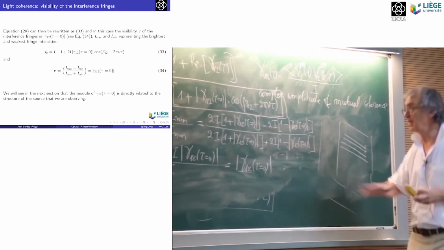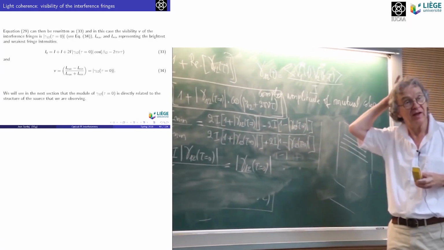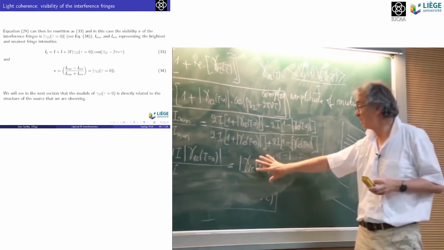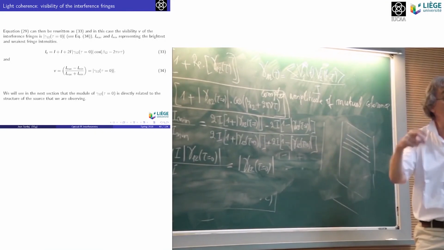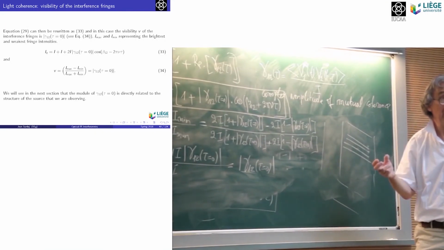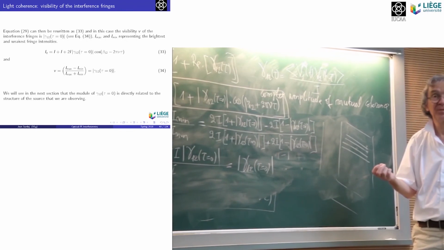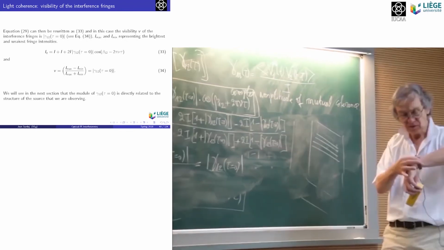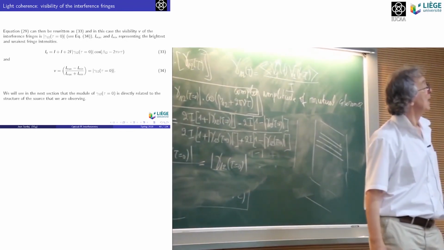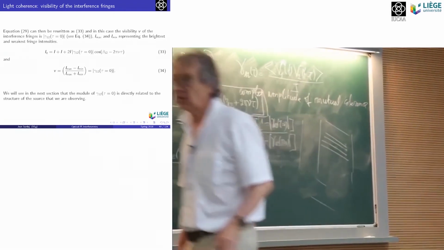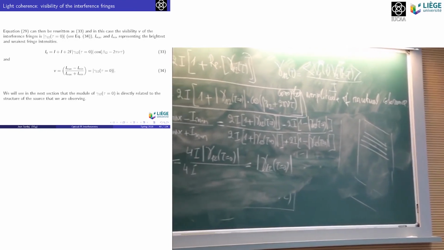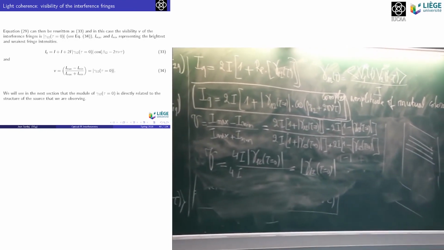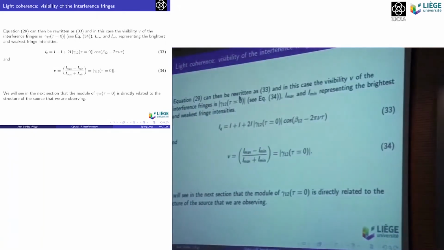And what we will see next, in the next section, is that the complex degree of mutual coherence is directly related to the structure of the source, which is not a big surprise. So we will see in the next section that the module of gamma 1, 2 is directly related to the structure of the source that we are observing.